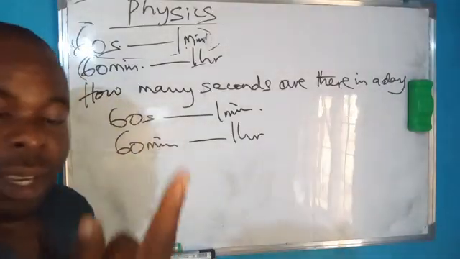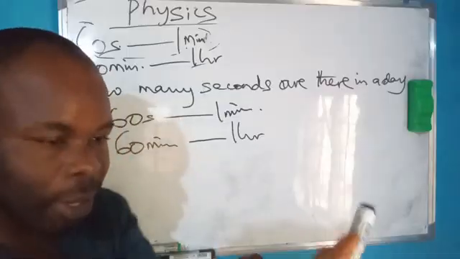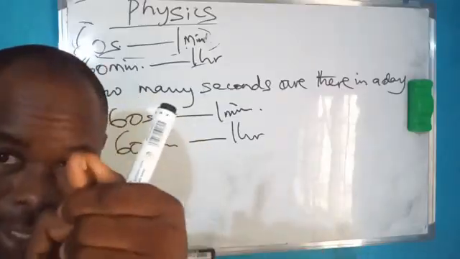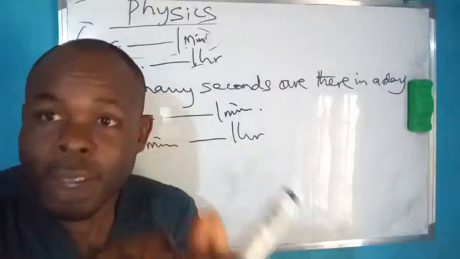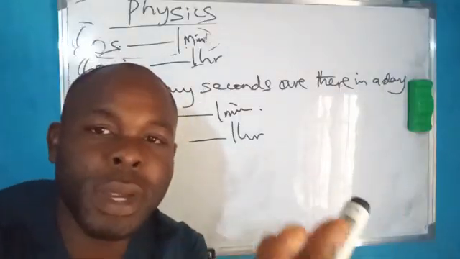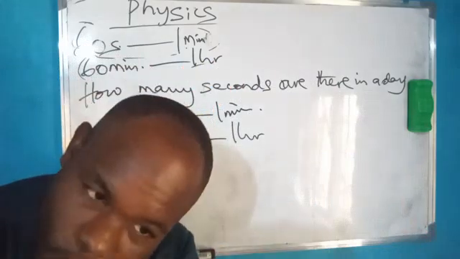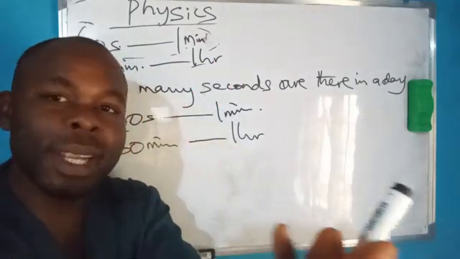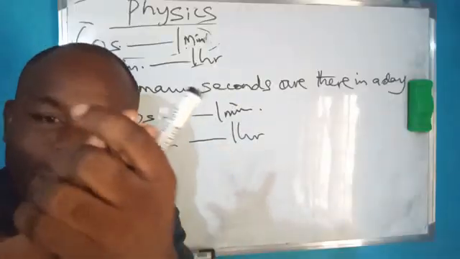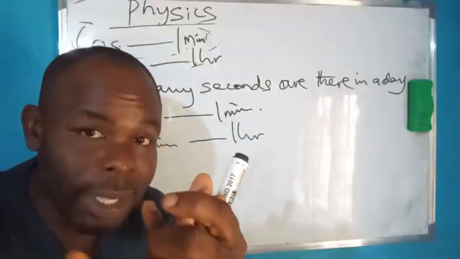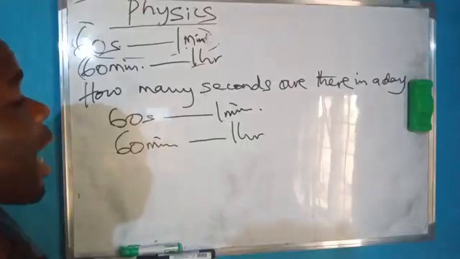It means that each minute, just 1 minute like this, is already 60 seconds. Which means 2 minutes will be 120 seconds, right? Which means 3 minutes will add another 60 seconds to make it 180 seconds.